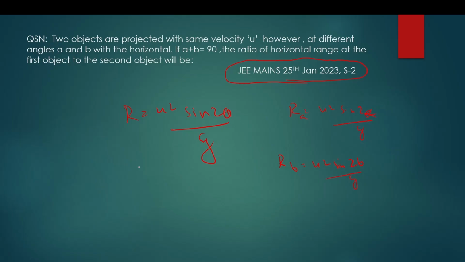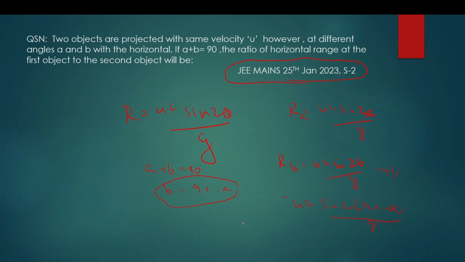Now we have been given that a plus b equals 90 degrees. So b equals 90 minus a. Now putting it in equation 1, we get u square sine 2(90 minus a) by g.